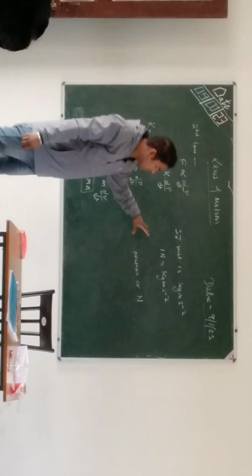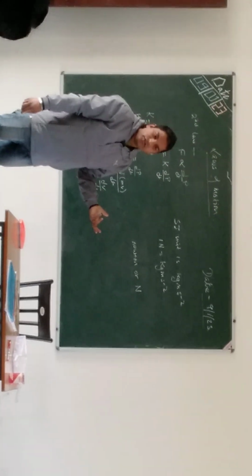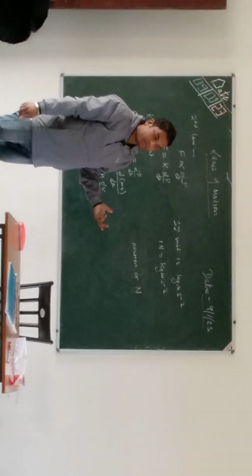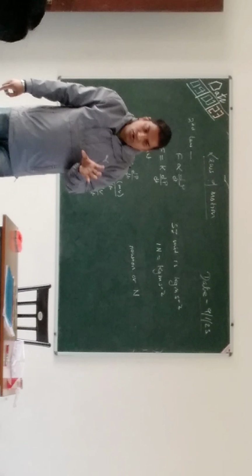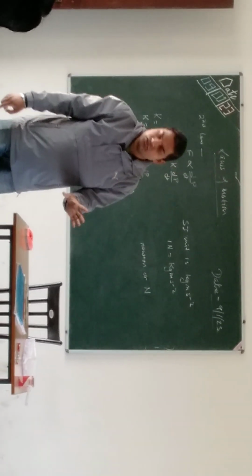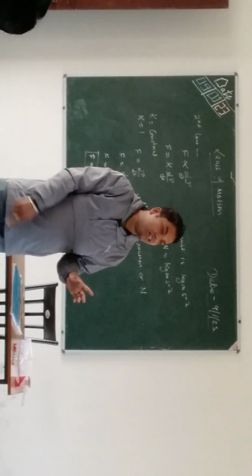Now, the SI unit of force is what? Newton. So what do you understand about 1 Newton? 1 Newton is the force which acts on a body of mass 1 kg.